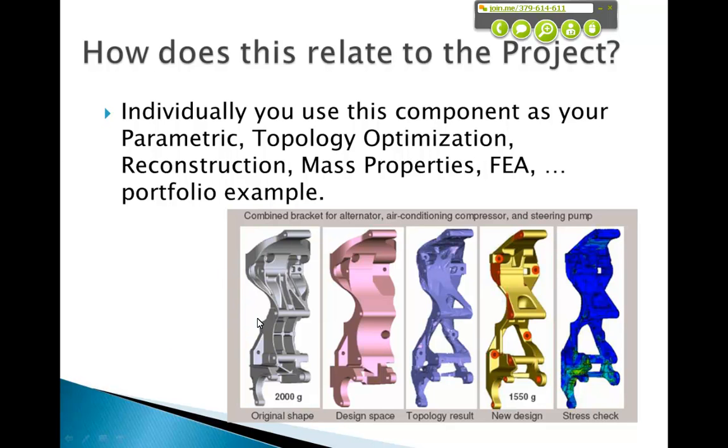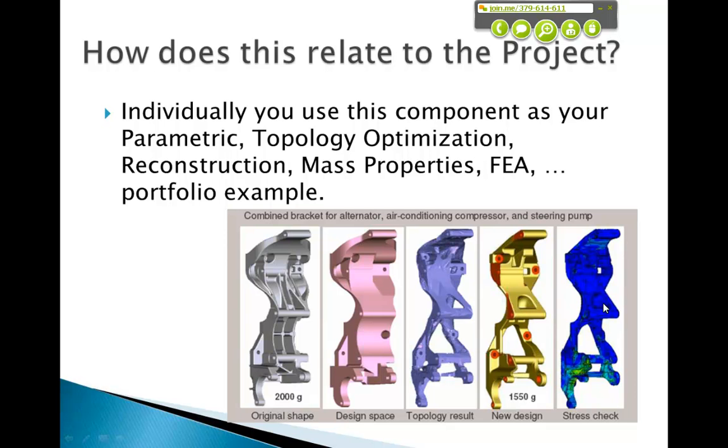So you could have the original design. You should show the design space that you roughed out. And then you're going to have a topology optimization result. You're going to have a redesign that is parametric, a redesign of your part.